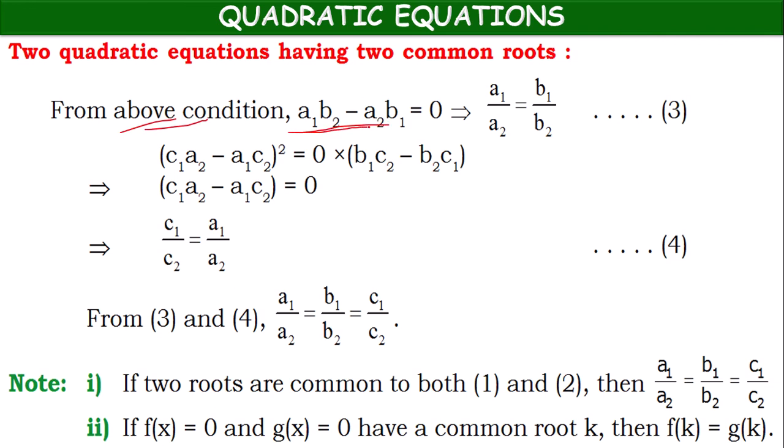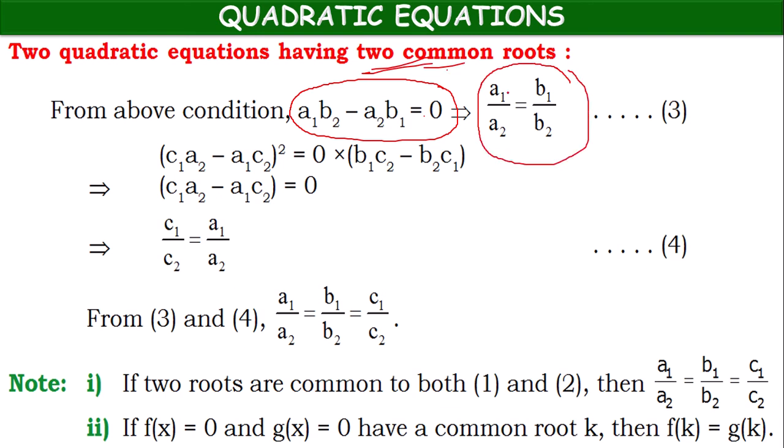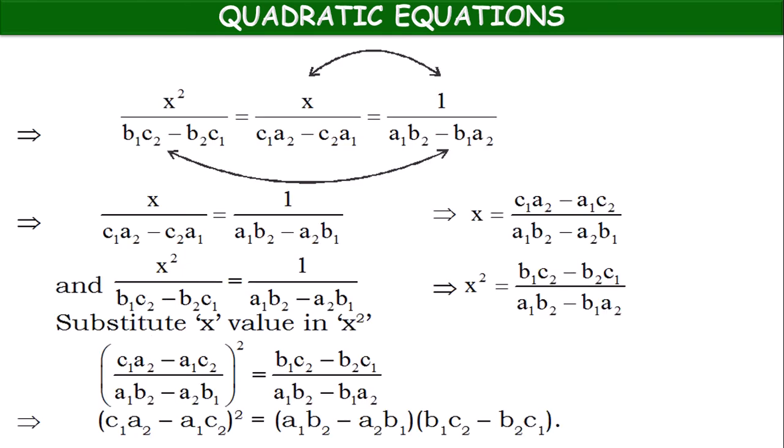This value will become 0. They will be having two common roots if this condition is satisfied: A1 by A2 equals B1 by B2. If this condition is satisfied, then we can tell that they will be having two common roots.